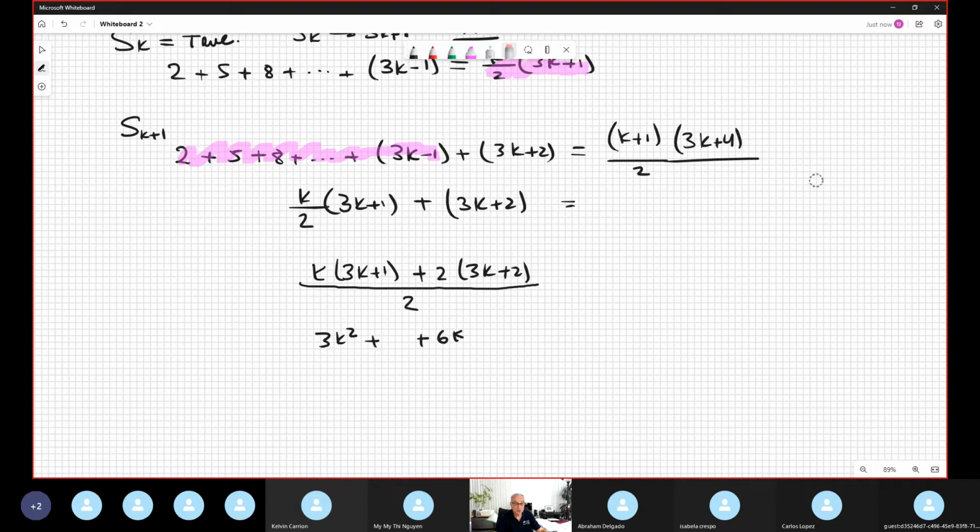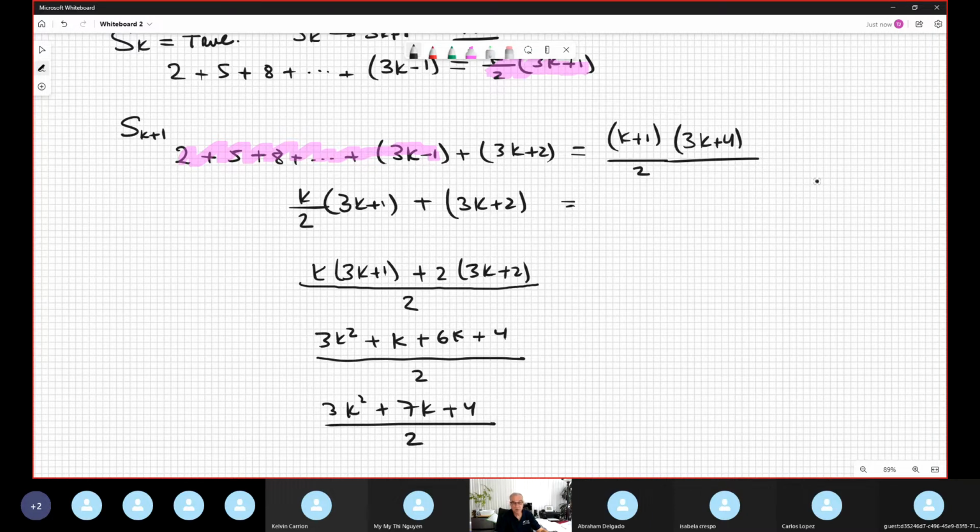This is not 3k, it's just 1k, because k times 1 is k. 6 and 4, divided by 2. Now combine later. 3k squared plus 7, because 1 plus 6 is 7. Okay, there you go. Boom.